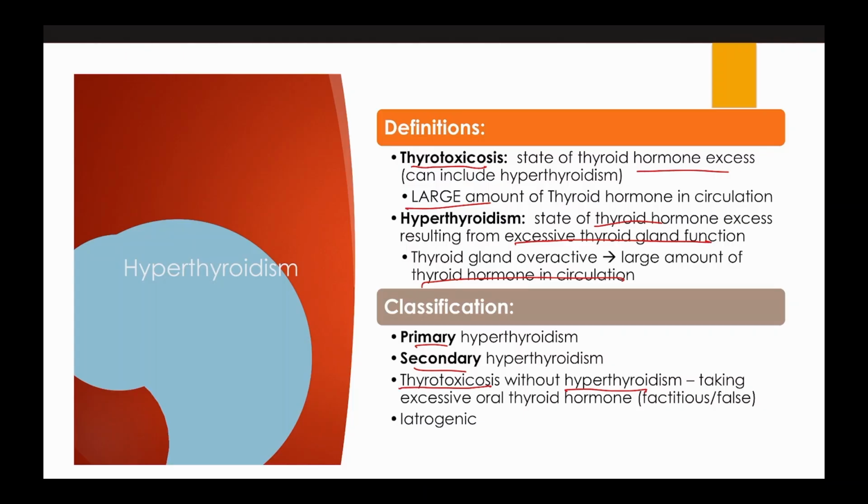For some reason, they're taking more of it. So that's called factitious or false. Also, you can have iatrogenic, which is due to a treatment problem. What drug did we talk about that can really mess up with your thyroid hormone? Amiodarone. Okay, so if you know part of the treatment can cause thyroid problems, you check your thyroid hormone before you start these amiodarones or other type of drugs to see what's going on afterwards.